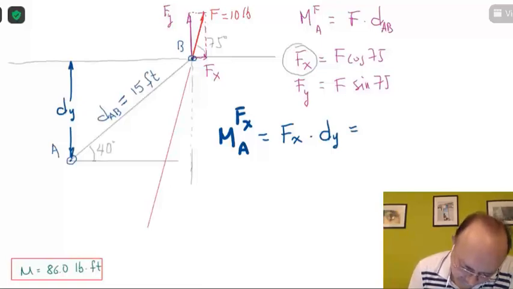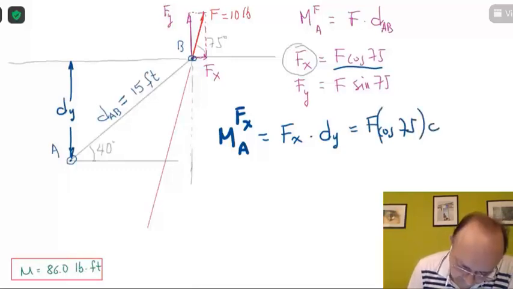So I have Fx is F cosine 75 times dy, which is dAB sine 40.